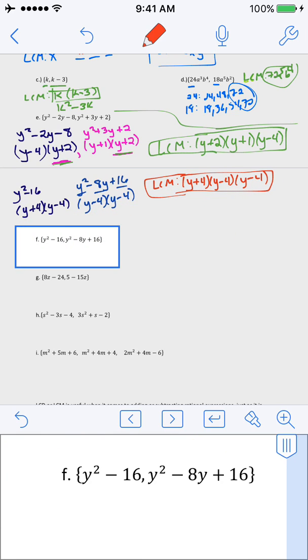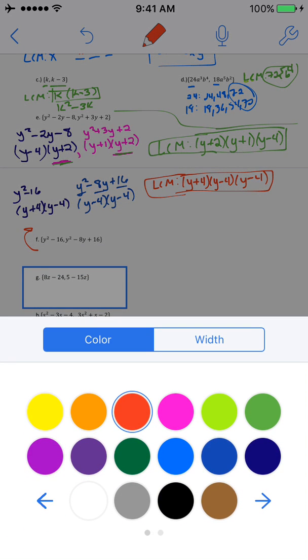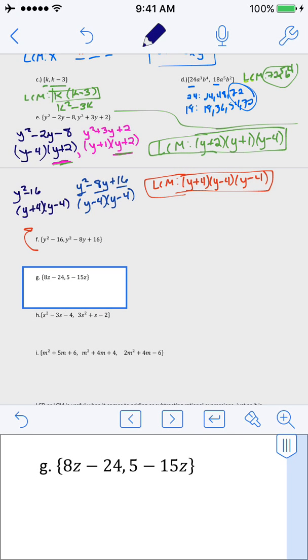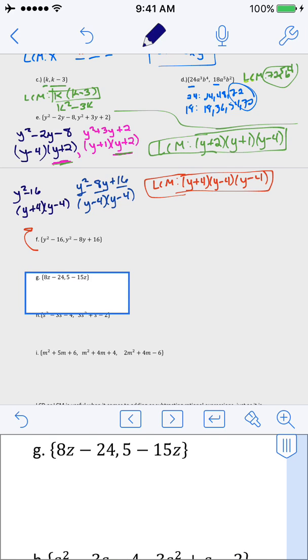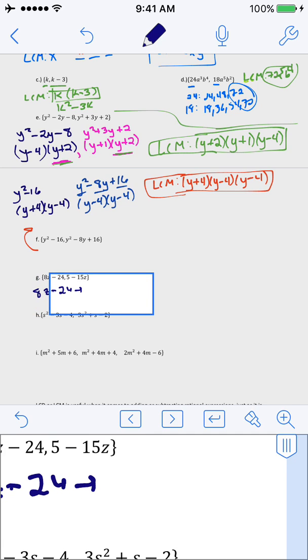Oh, that was this problem. Okay, so that was that one. Let's do the next one. Let's do G. I have 8z minus 24 and 5 minus 15z. This one is nice because it's not quite square. It's not quadratic. We're still going to factor it out, though. So 8z minus 24. That's the same thing as if I take out an 8, I get z minus 3, right?